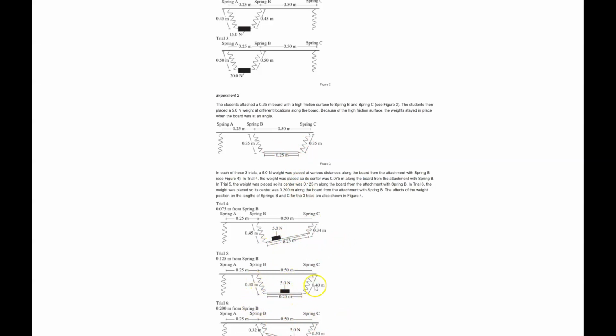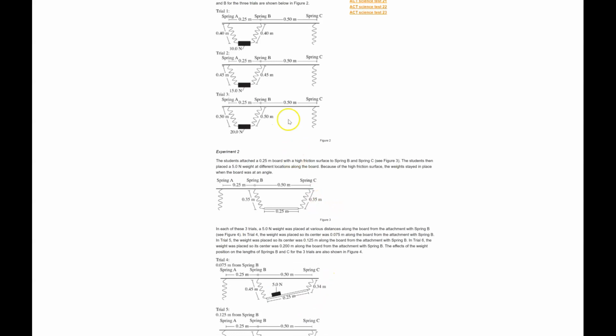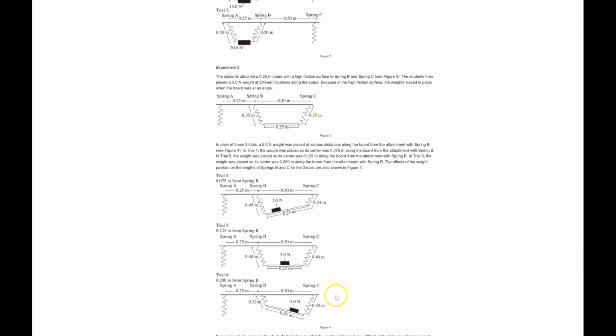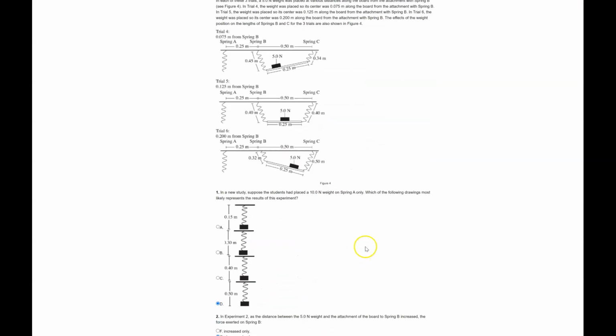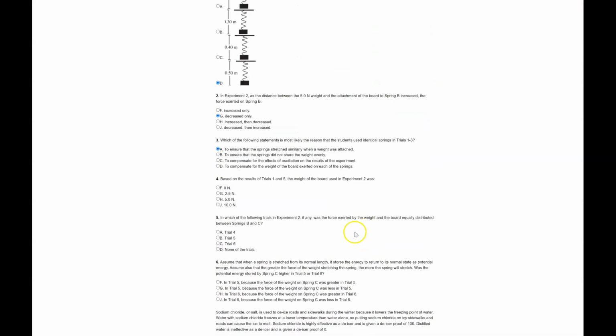So the even one would be what I would look for, because that's what they're going to be able to have against the others. So at 5 and 0.4, up here on 0.4, we have 10 Newtons. So 5 and 5 makes 10. So the mass of the weight has to be 5.